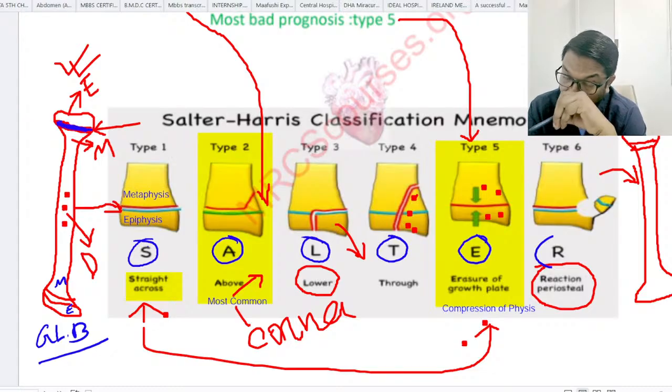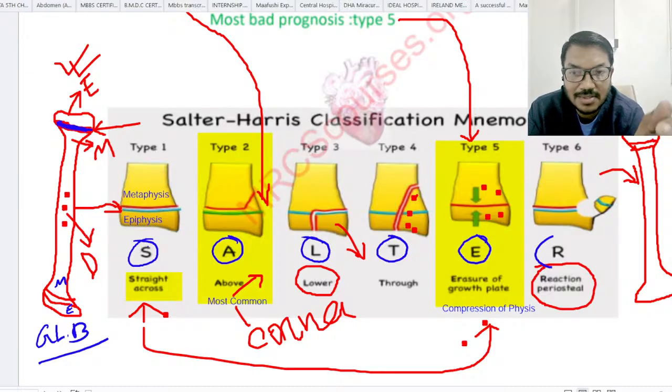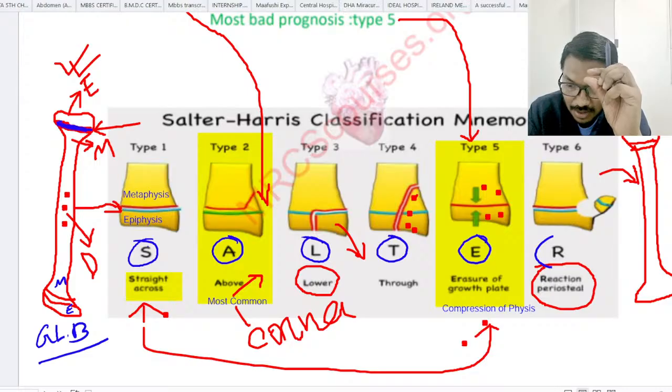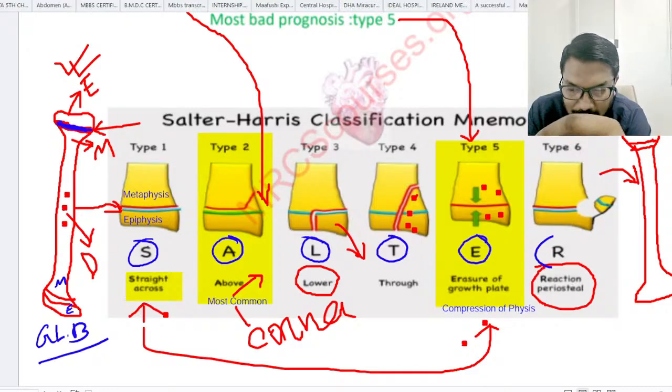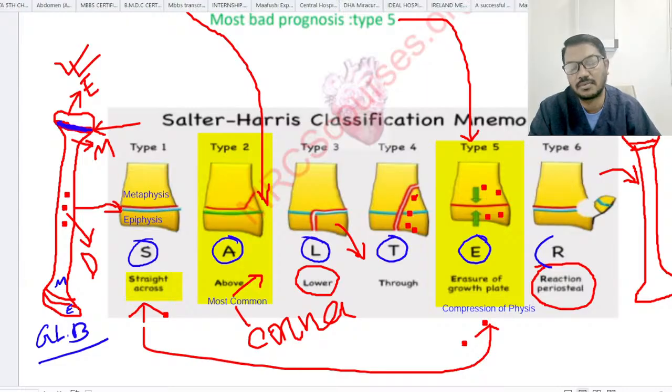Sometimes on a plain X-ray, because of this cartilage or epiphyseal plate, we can see a gap between the metaphysis and epiphysis, but that gap has an acceptable normal distance. When it is more than normal, then we can see there is a fracture. It is a little tricky, but we can understand.